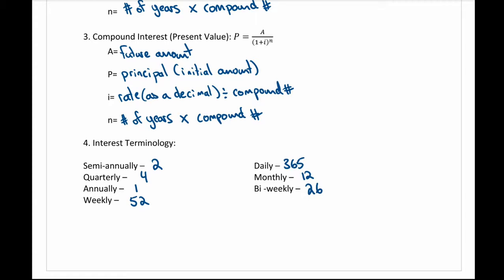So all these numbers represent the compound number. When we talk about multiplying or dividing by the compound number, these values under the terminology are what we mean. And it will be clear in the questions what the compound number is.